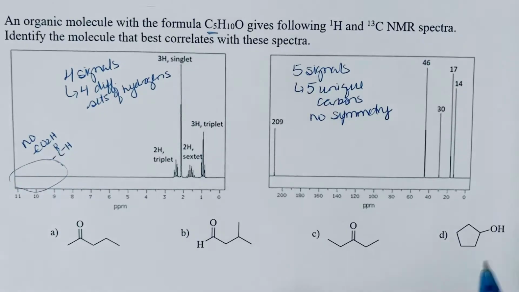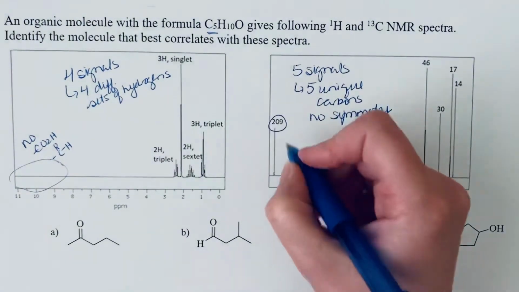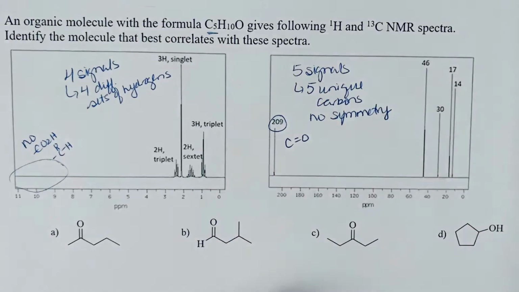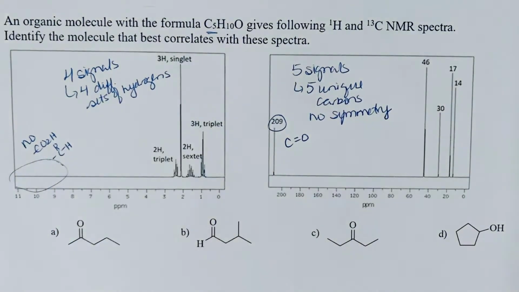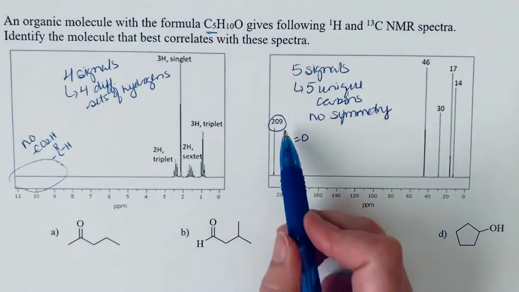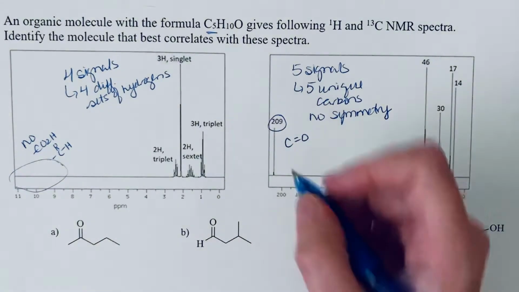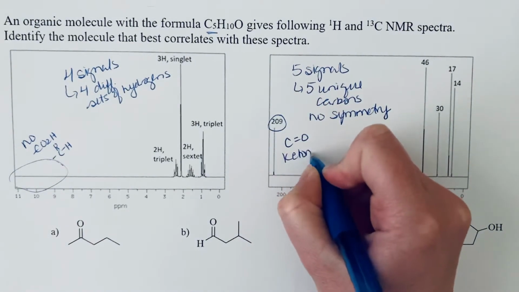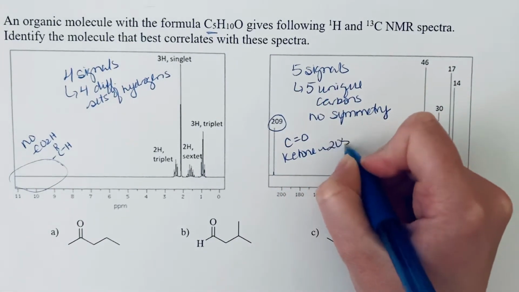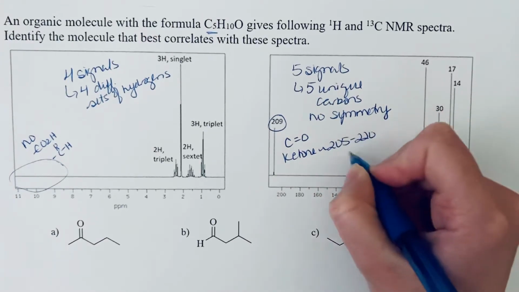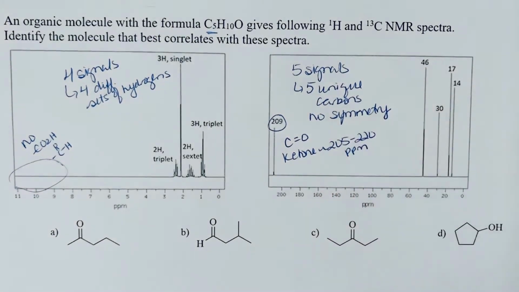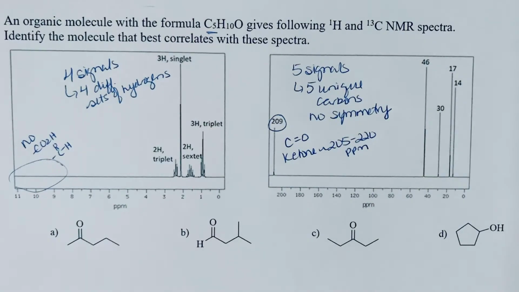Okay, another key thing that's going to jump out at me here is this carbonyl. And we've already said that it's not an aldehyde. It's probably a ketone being this far down in the spectrum because we see ketone carbonyls are typically between 205 and 220 ppm. So you've got an idea that we've got a ketone and we don't have any symmetry.